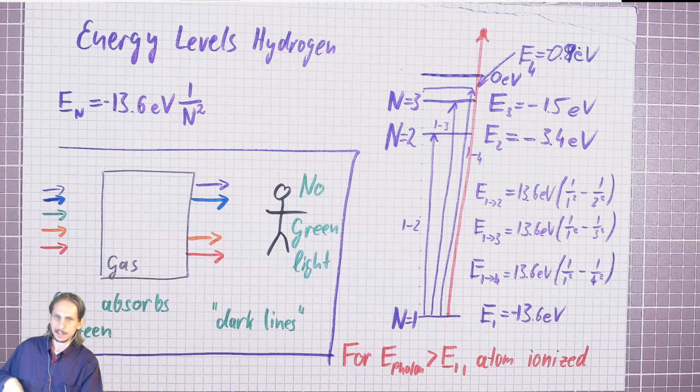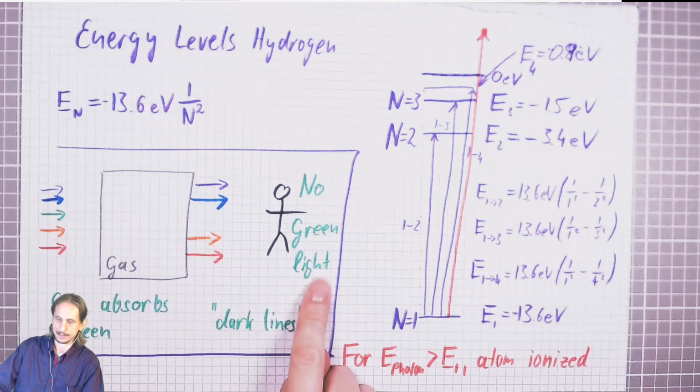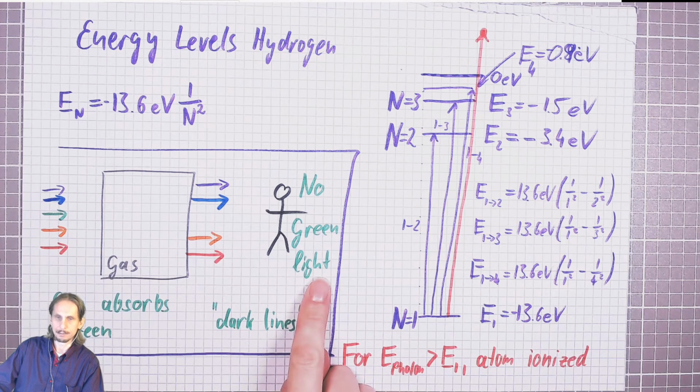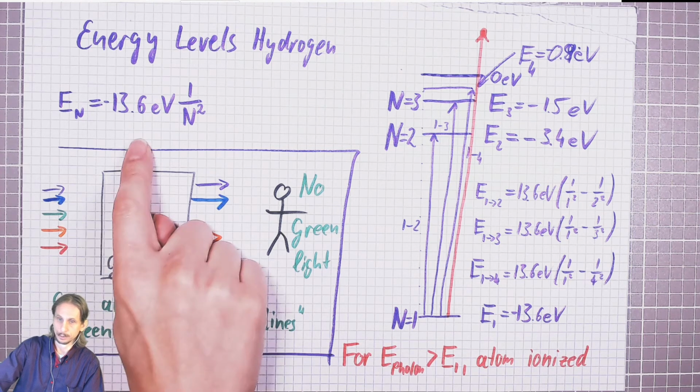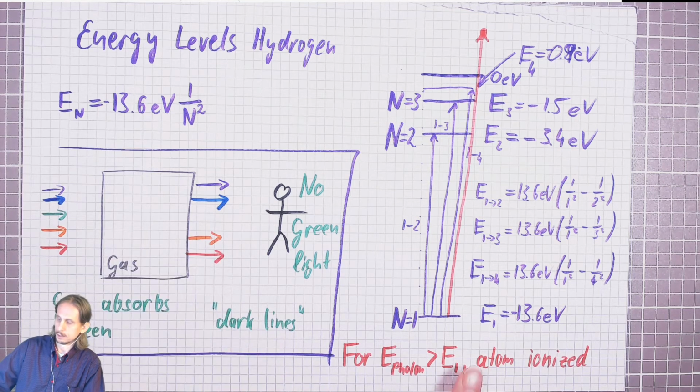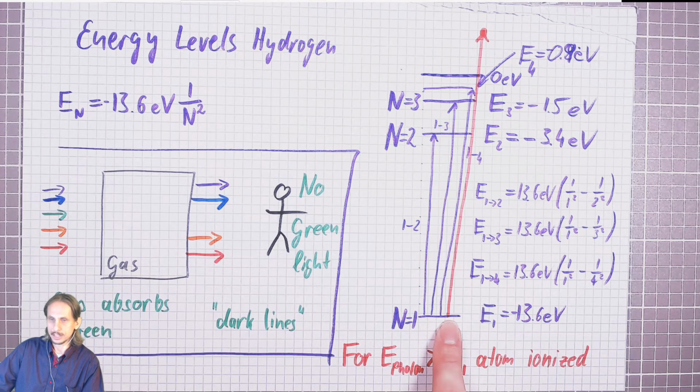We have seen that this would give us dark lines, so lines of light get filtered out. We've learned about the energy levels of the hydrogen atom. There's a formula that will be on your formula sheet. And we have learned that if we provide energy that is bigger than the binding energy of the electron, bigger than negative the ground state of the system, we can ionize atoms and take the electrons out of the system.